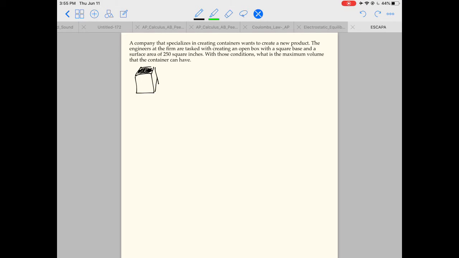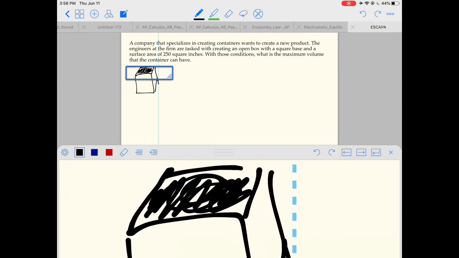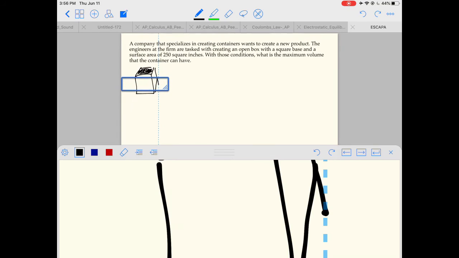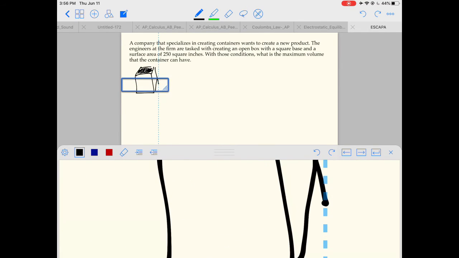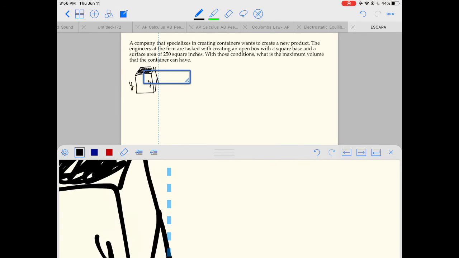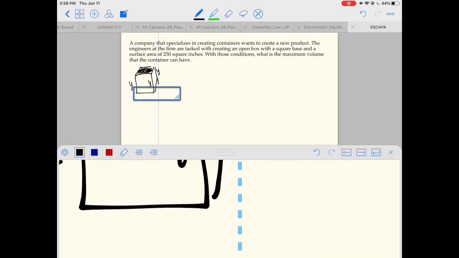So over here, I took the liberty of creating what the figure would look like. Essentially, it's a rectangular prism with an open top, and I shaded the top to show that it's open. And so what that means is that there are 5 sides to this rectangular prism. So let me label the variables first. Y, I'm making the y the height. This side's also y.